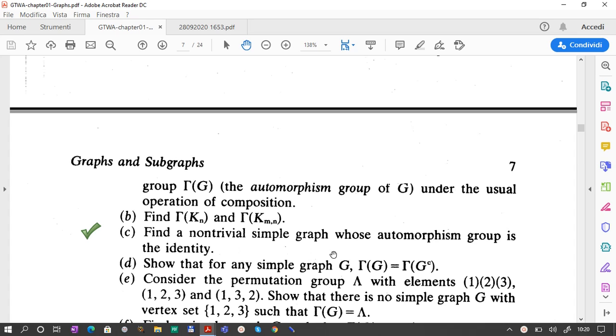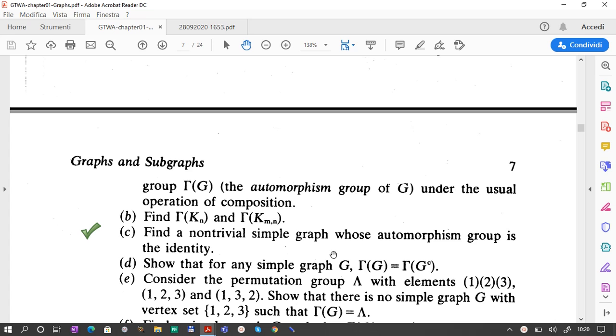Find a non-trivial simple graph whose automorphism group is the identity. Let's look at each of these words. Never, please never state something if you do not know the exact meaning of all words, all symbols you are using. I prefer that you do not say something rather than saying something of which you do not know the meaning.